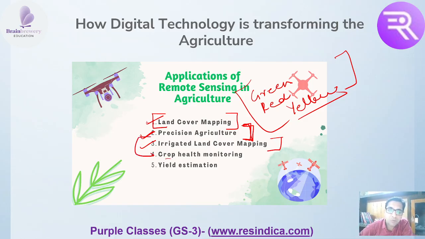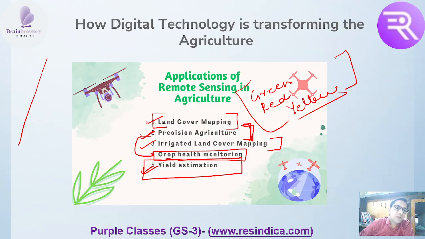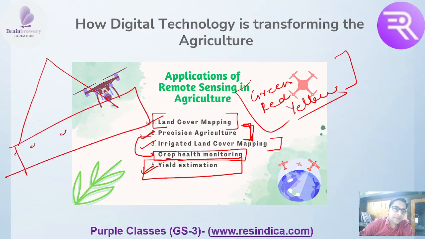You will be able to monitor the crop health, because based on the type of images that are coming you can identify the color change. Okay, at some places a lot of green is there, and all of a sudden you have a slight yellow color. Okay, you will be able to do crop health monitoring, and you will be able to find yield estimations once you analyze the signal sent from the top, okay, this area was red, this is green.